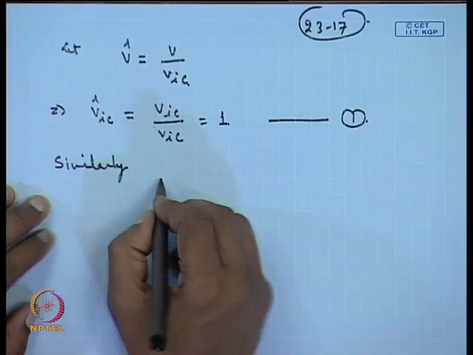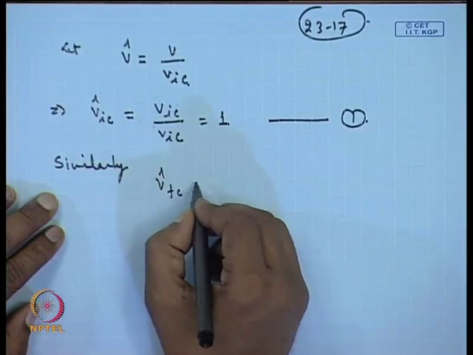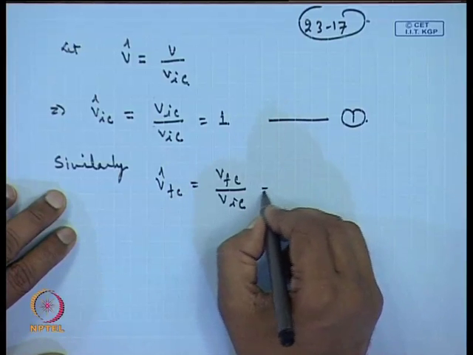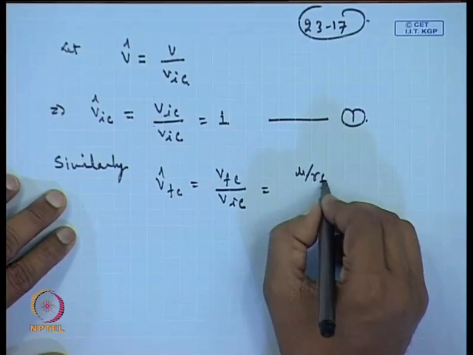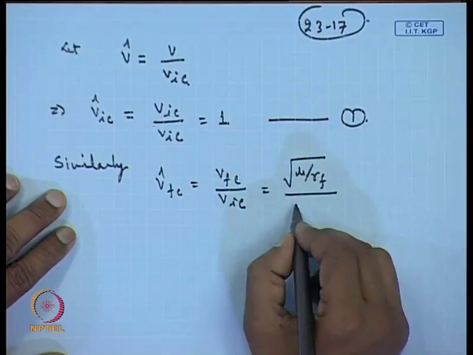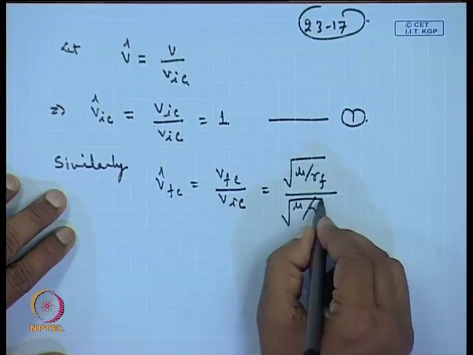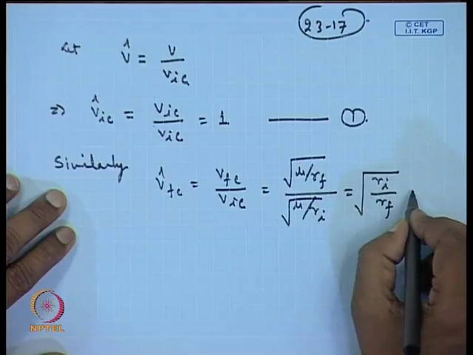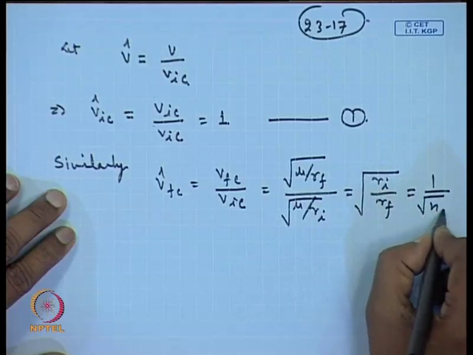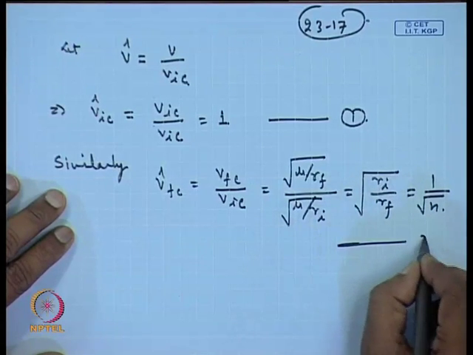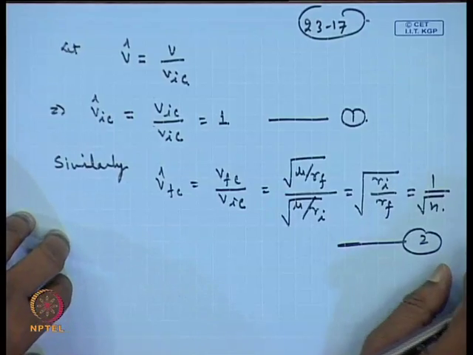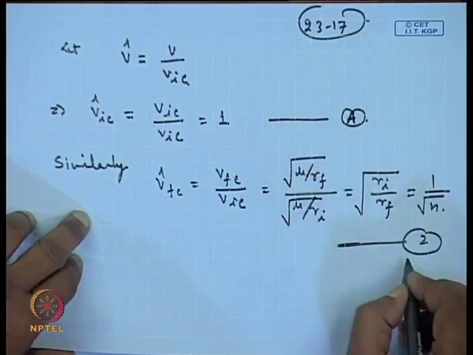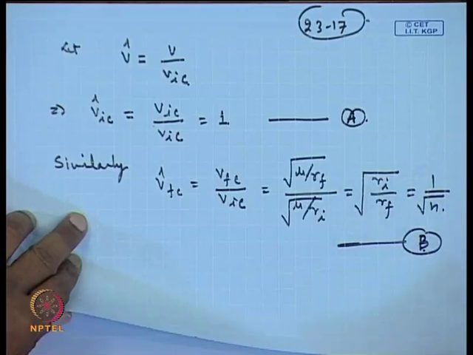Similarly, we can write V F C cap is equal to V F C by V I C, which is root of mu by R F divided by root of mu by R I. So, this becomes root of R I by R F, which is equal to 1 by root of n. We will write this as equation number A and this as equation number B.